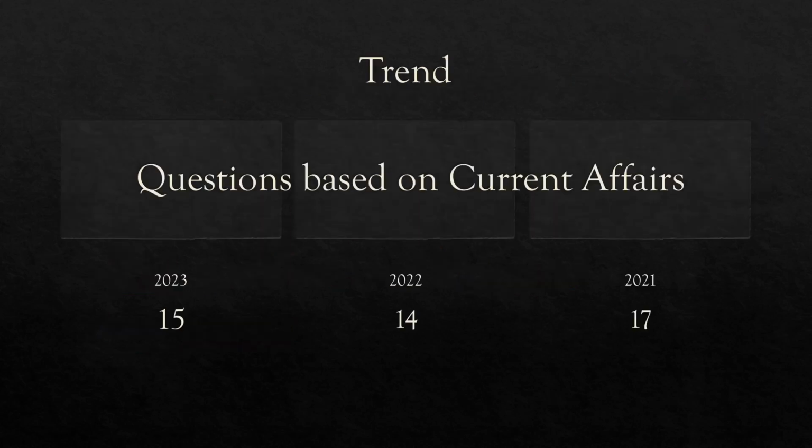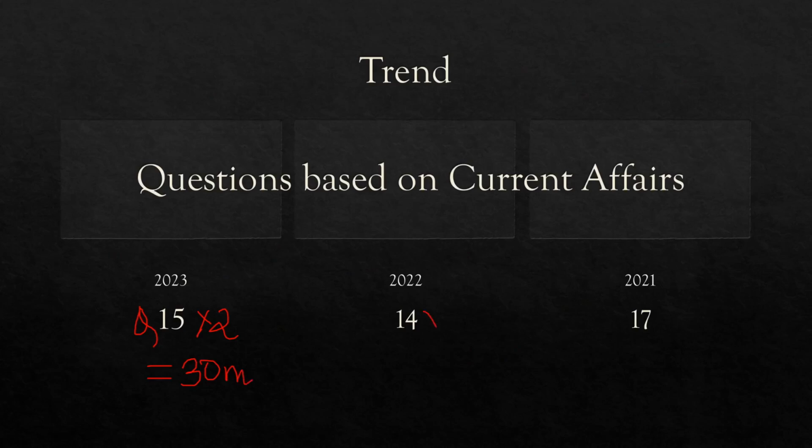Now let's look at the trend of questions that have been asked. Here I've taken into consideration only 3 years. In 2023 there were 15 questions, at 2 marks per question, so approximately 30 marks based on current affairs.